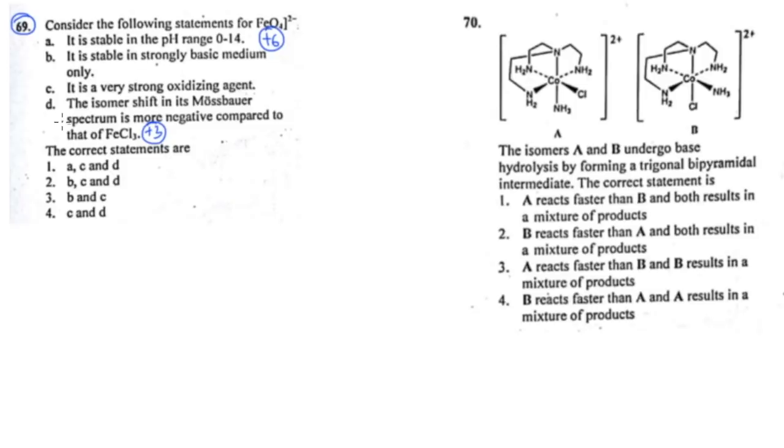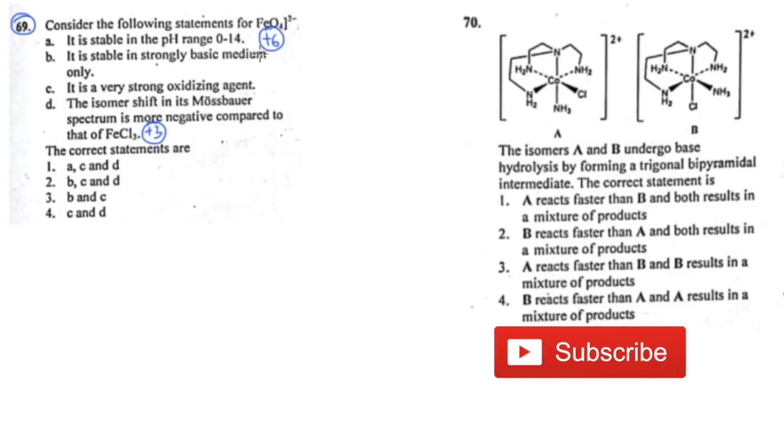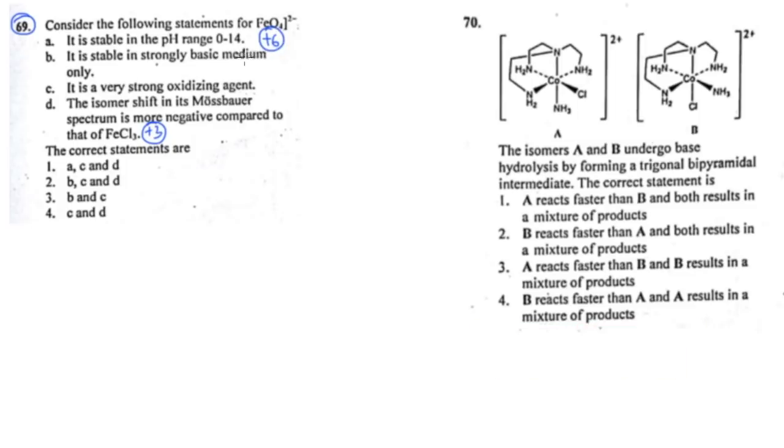So it can reduce itself from +6 oxidation state. It will try to go to +3 or +2 oxidation state by accepting 3 or 4 electrons. So it will behave as a good oxidizing agent. Okay, so it will oxidize the other things. So the third point is very true. So C is true, and C is given in all the options, so that is obvious.